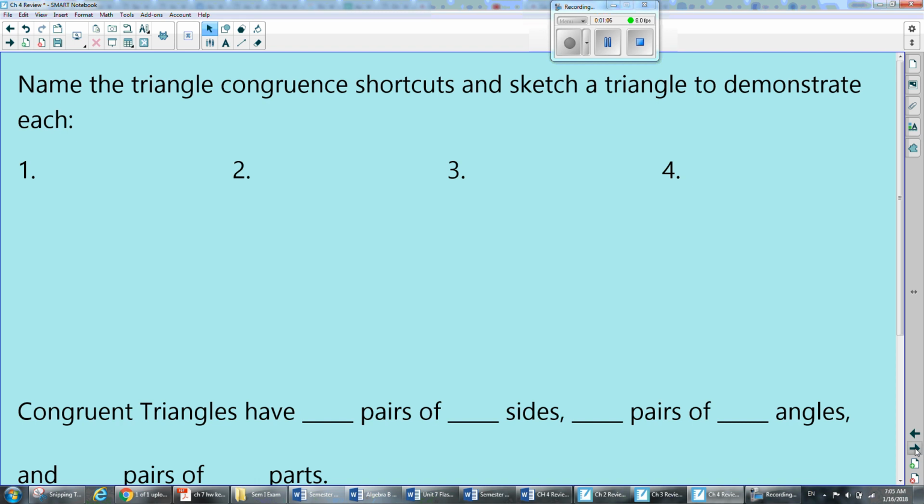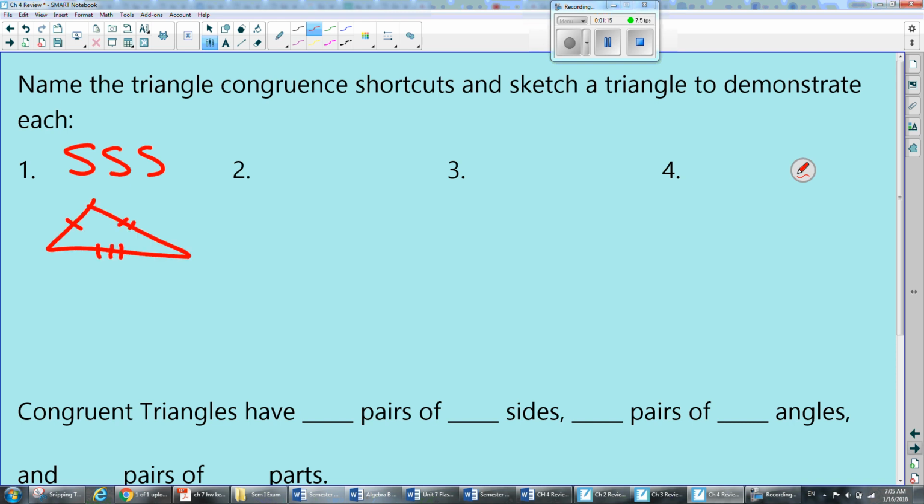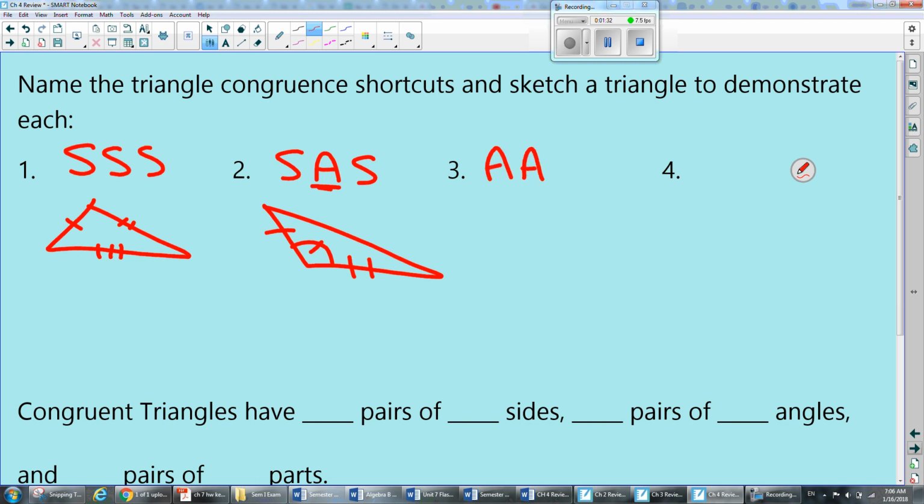Okay, so we learned about 3 different triangle congruent shortcuts. If we had side, side, side, the two triangles would have to have the 3 sides marked congruent. If we had something like side, angle, side, you could have 2 sides marked congruent and the angle has to be sandwiched in between them. Then we could have angle, angle, side.